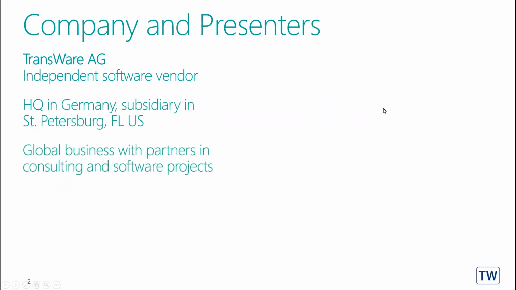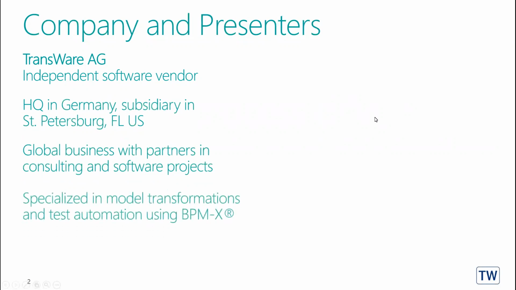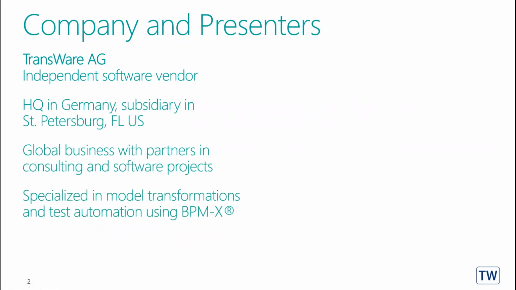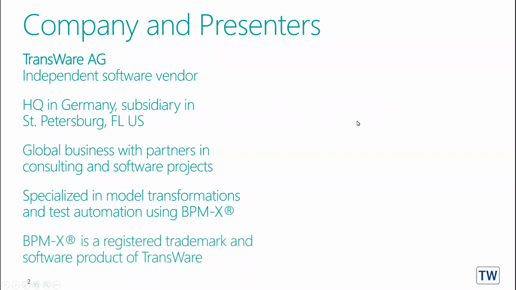TransWare does global business with partners around the world, especially in consulting and software projects. We are specialized in model transformations, models coming from enterprise architecture or business process modeling, and do test automation using the BPM-X software. The BPM-X software is a registered trademark and a standard product of TransWare AG.